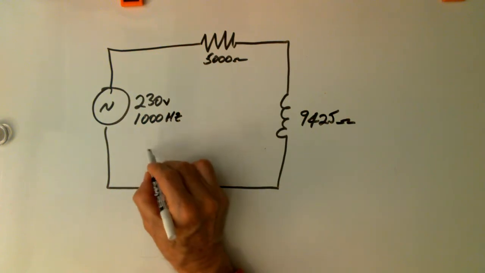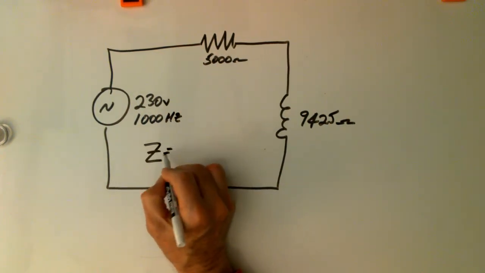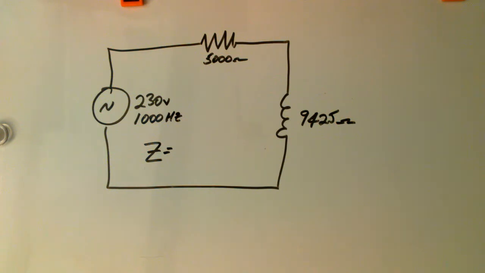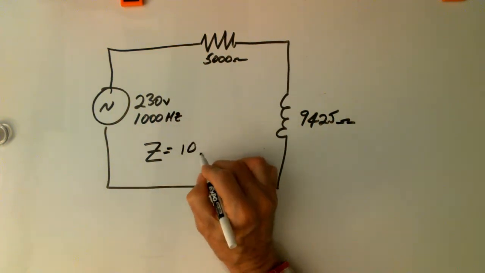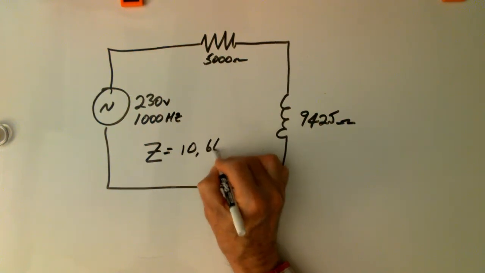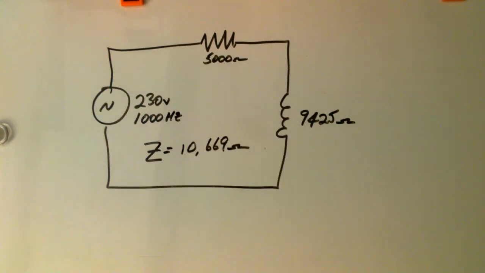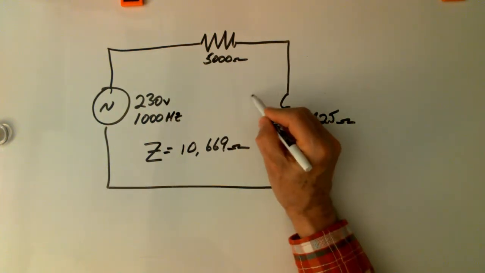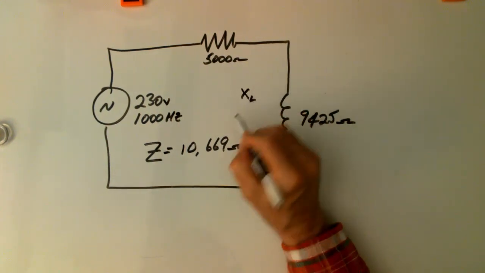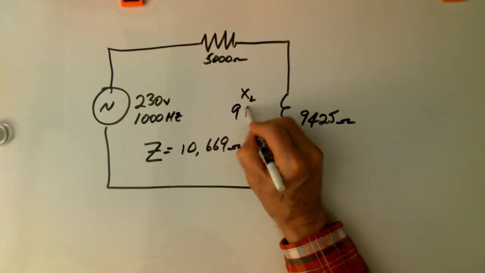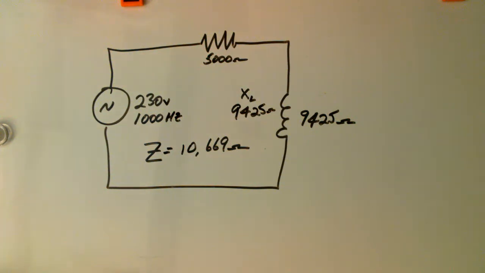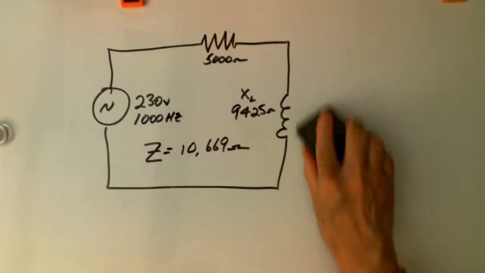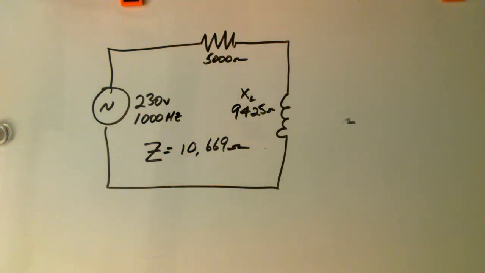And we calculated Z, and let me slide some of my windows over so I can read this. It was 10,669 ohms. Okay, we've got that.